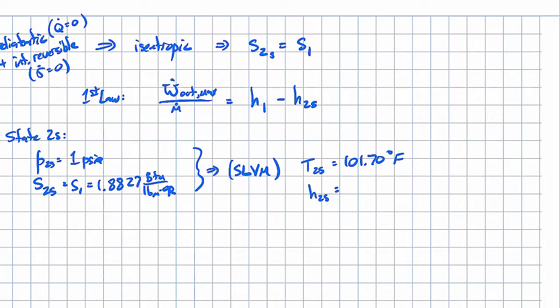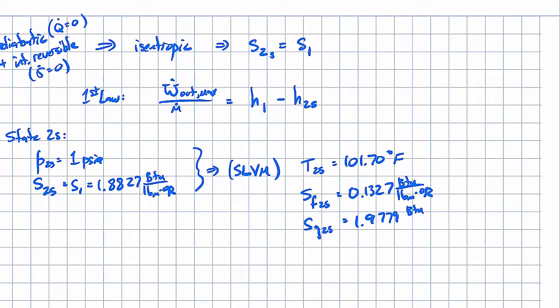Okay, and then you can also determine the specific enthalpy for this case. Here you have to calculate the quality first. Actually, let me just show you that just so it's complete. Since we're dealing with a saturated liquid vapor mixture, you have to calculate the quality. We can find the quality using the specific entropy. So S_f at 2S comes out to be this. This is the saturated liquid specific entropy. Again, I'm getting these values from the back of your textbook. Here's the saturated vapor specific entropy.